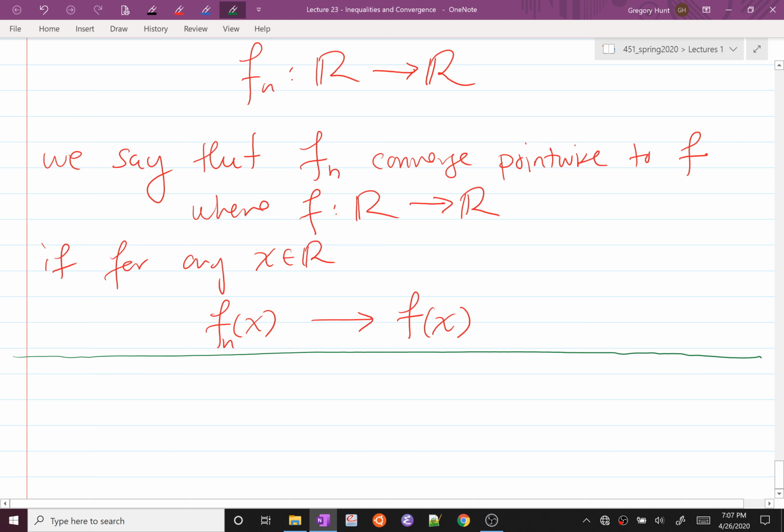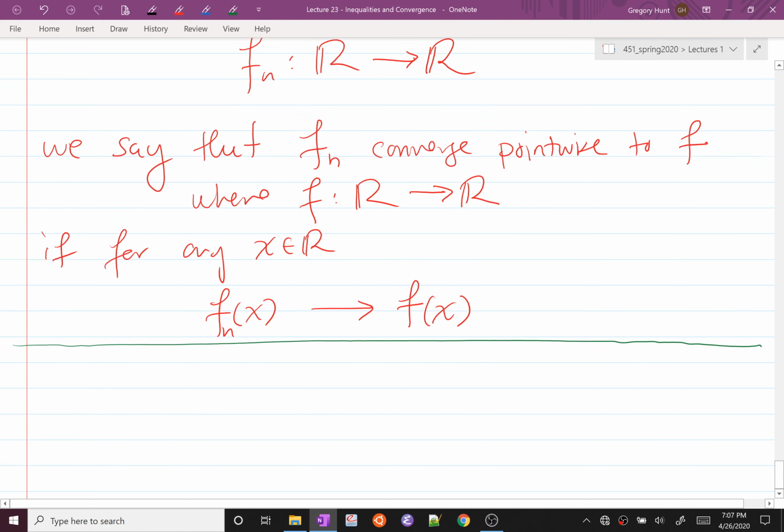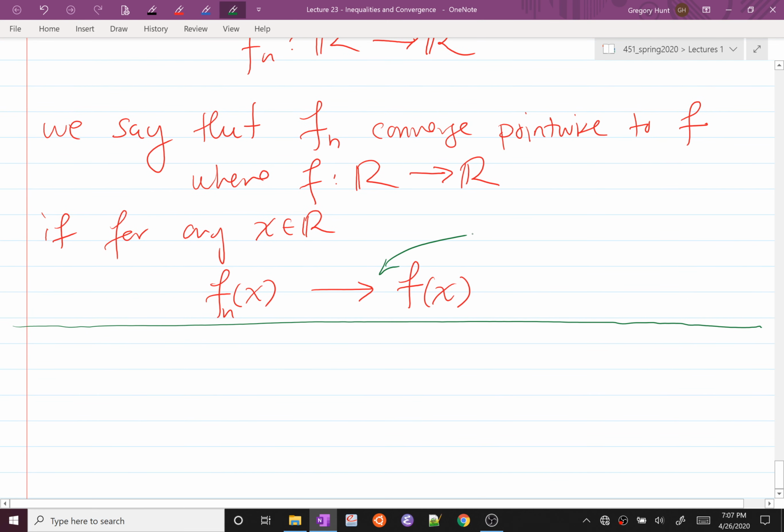The idea is, this convergence here is convergence as a sequence of numbers. And that is extensively talked about in Calc 2. You talk all about sequences and series, and you talk about sequences of numbers, convergence of them, lots of properties.